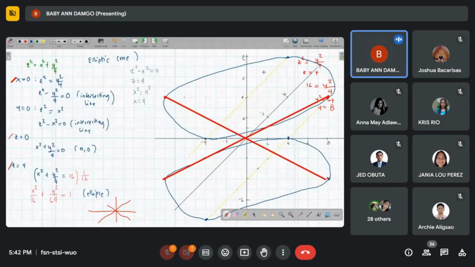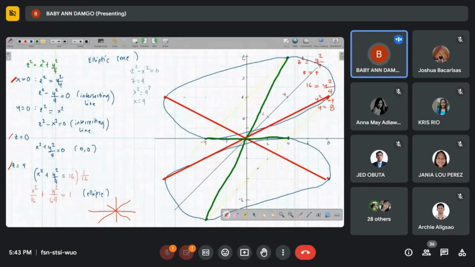Okay? So, we have positive 4 kaning yellow. And then, i-connect na siya anhi. So, positive 4. Then this one. Okay? And this is the graph.